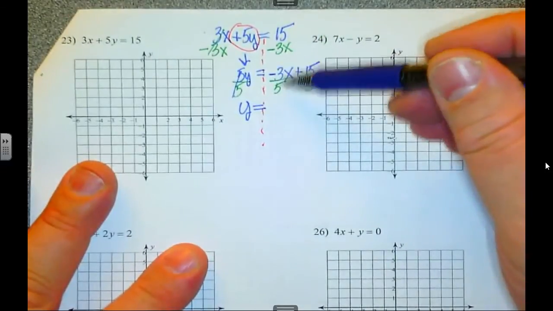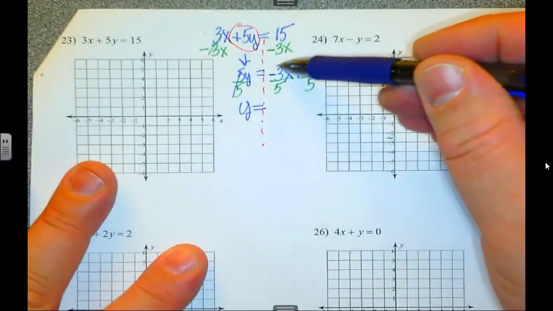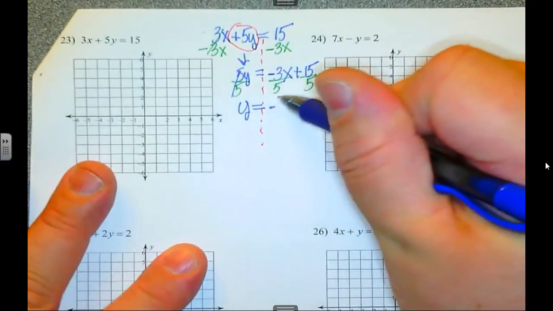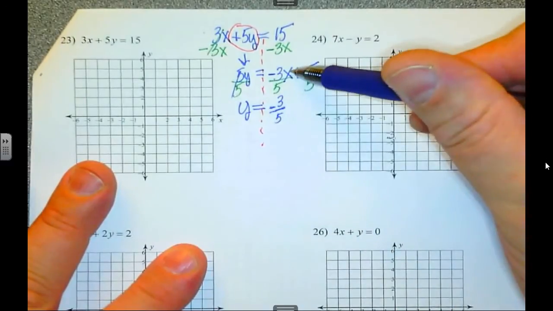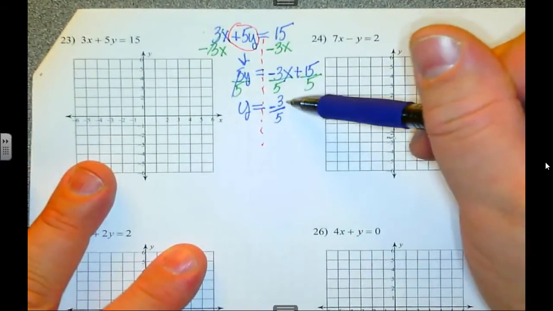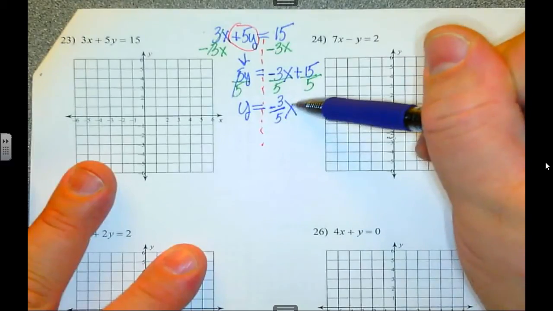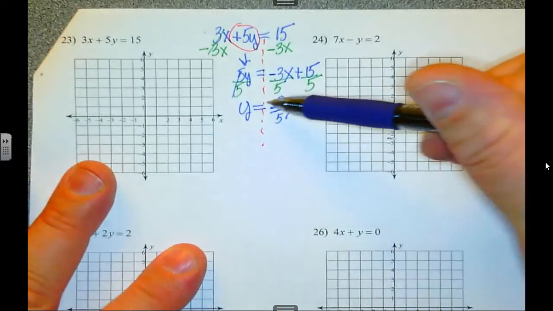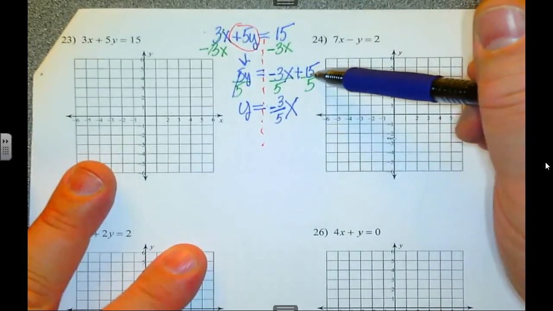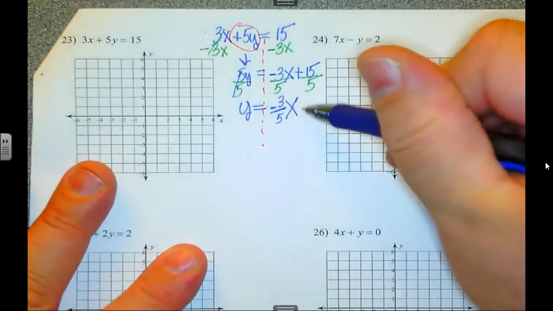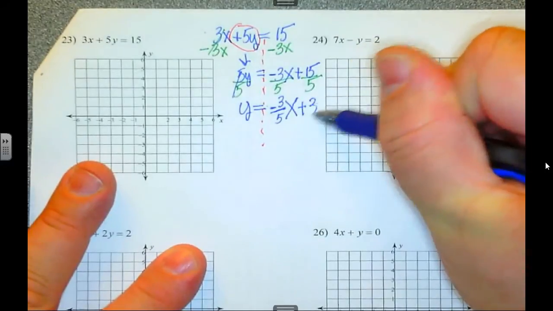Okay, here's my slope, -3/5. Okay, my x is in the numerator. I'm going to pull it out because it's in the numerator. I can do that so that I can easily read my slope. Positive 15 divided by positive 5, positive 3.